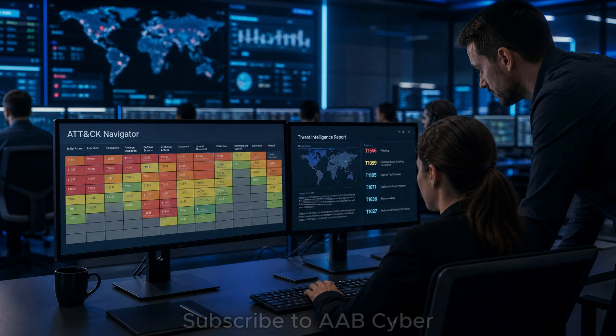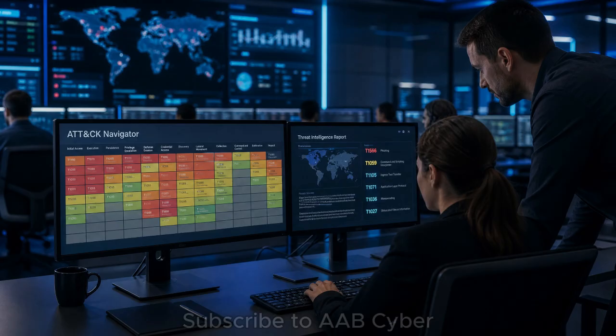Threat intel teams tag their reports with technique IDs, so any analyst, anywhere in the world, reads the exact same meaning. No ambiguity. Detection engineers use a free tool called the ATT&CK Navigator to map out which techniques they can actually catch, and more importantly, where their gaps are. Red and purple teams pick specific techniques to emulate during exercises.